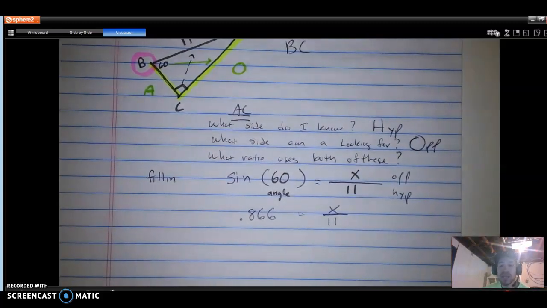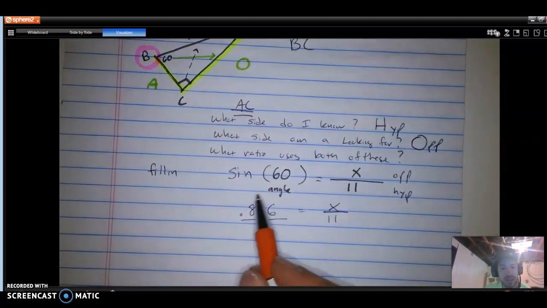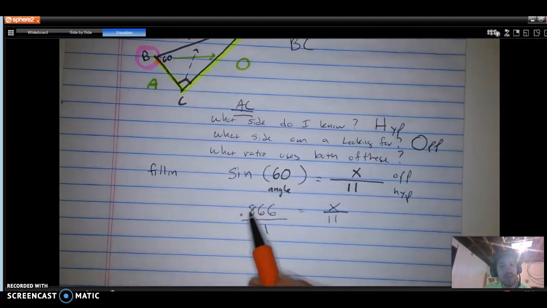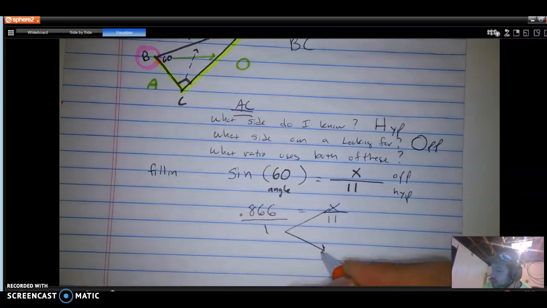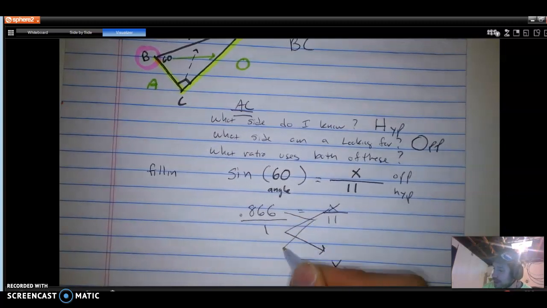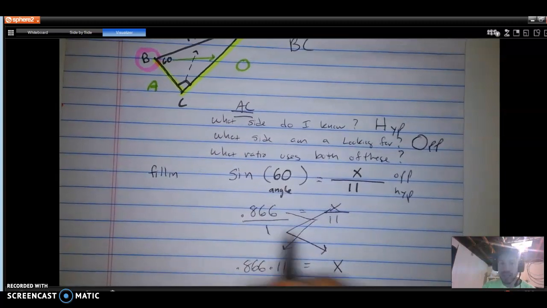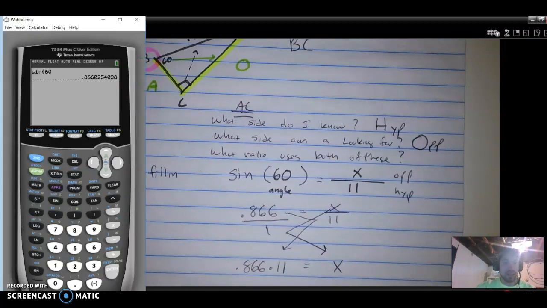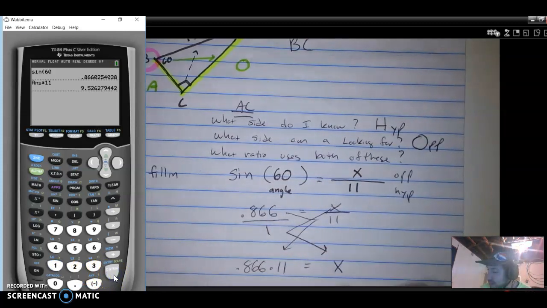Now what I'm going to do is cross multiply. I know it doesn't look like a fraction over here, but remember every number is over 1. So x times 1 is x, and 0.866 times 11, let's go back to our calculator, times 11 equals 9.55.